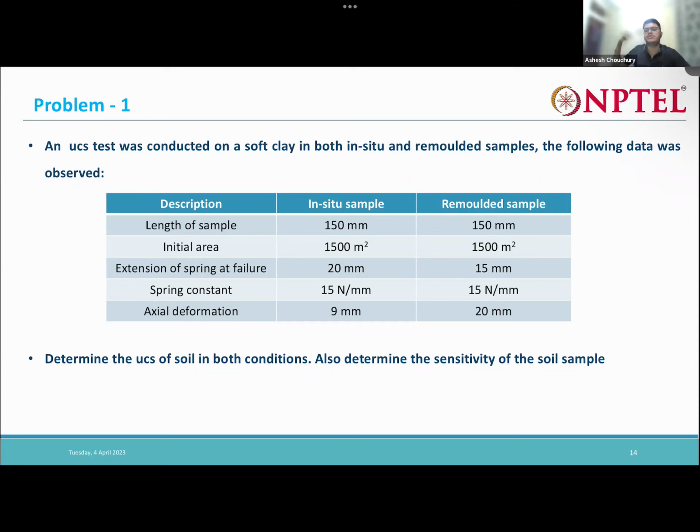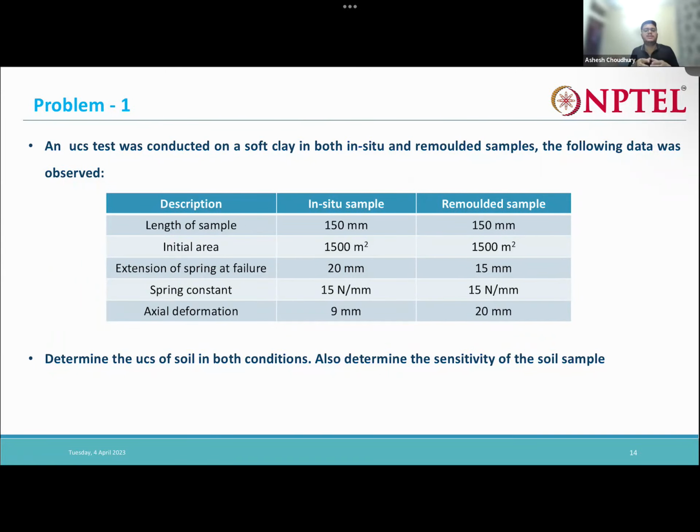A remolded sample means you have taken soil from a site, and then you have remolded it. You had loose soil available, and using a sample cutter and such, you form the sample again at the particular water content and void ratio that was present in the soil.